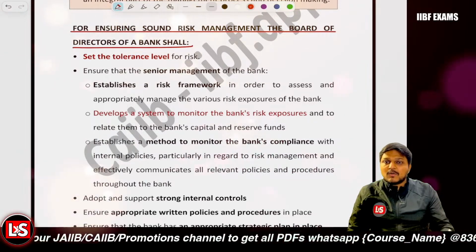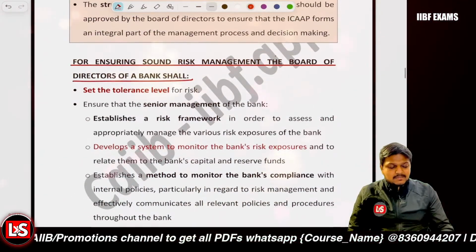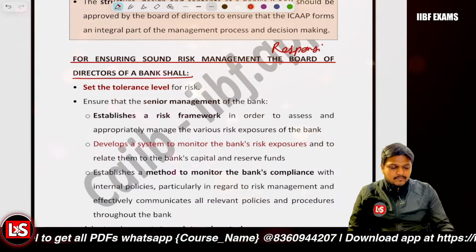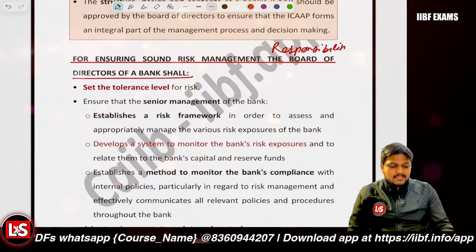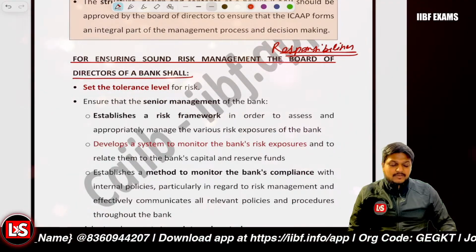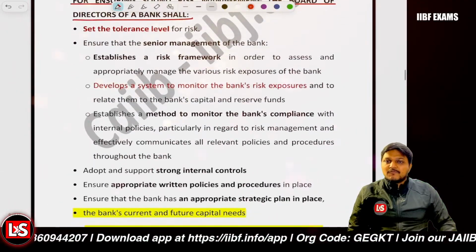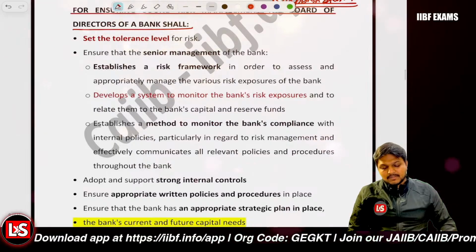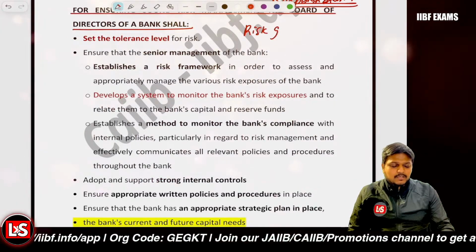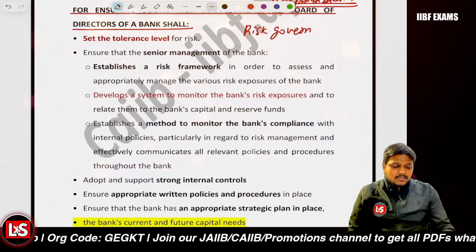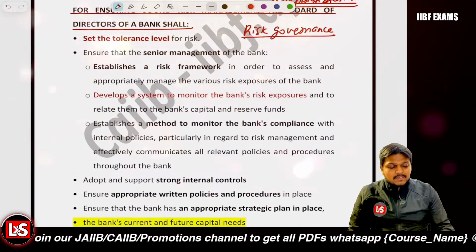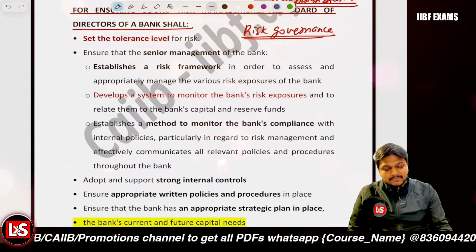So we can be talking about the responsibilities of board of directors for the risk management purpose. First of all, it's about the risk governance, that the appetite limit must be set.